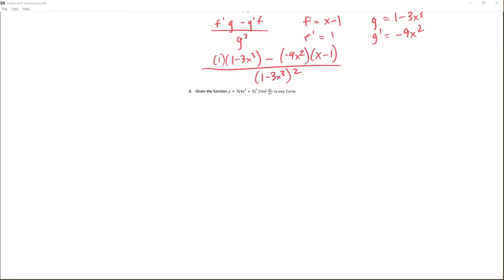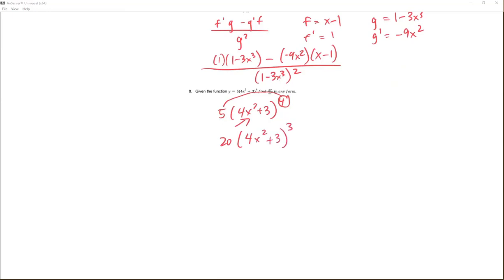So, for this one, you have 5 times (4x squared plus 3) to the 4th power. You have to get the derivative of this, bring the power down, so that'll be 20, and then the regular function inside, 4x squared plus 3, to the 3rd power.